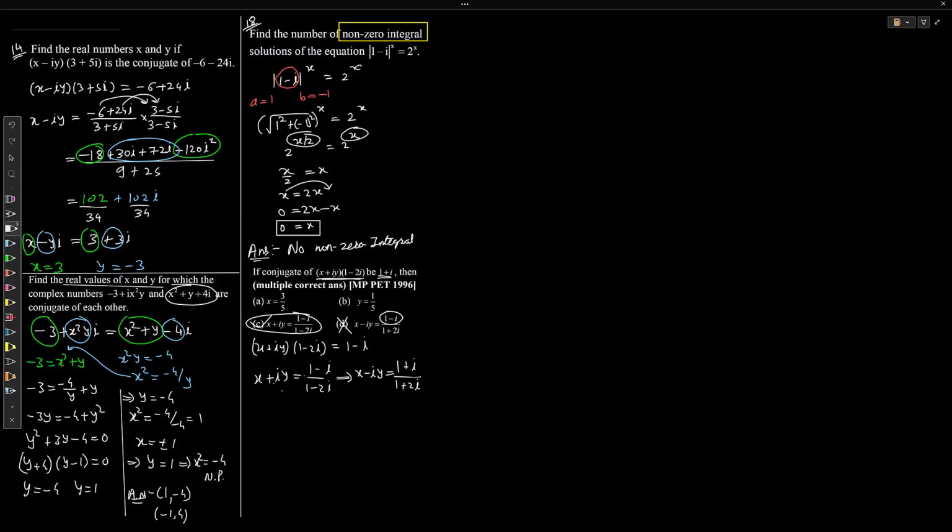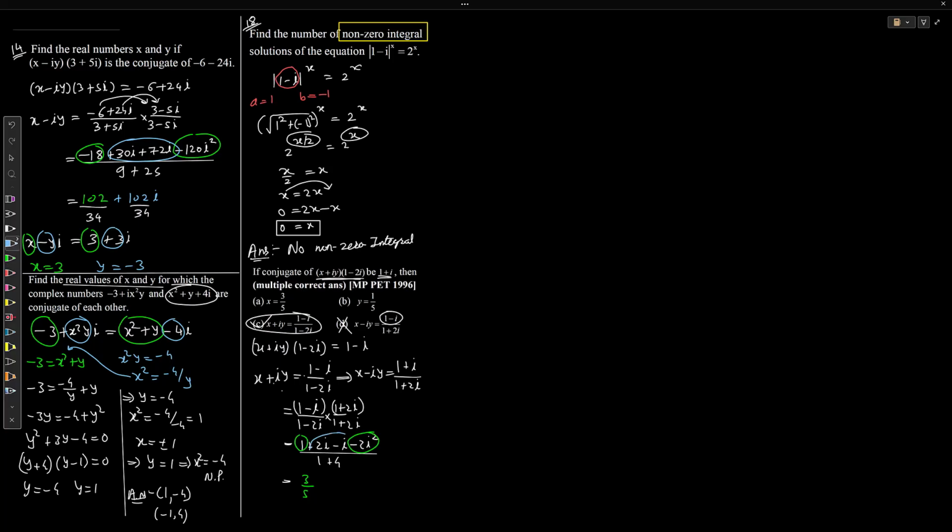What about A and B? We have to simplify the right hand side. For that, we multiply and divide by the conjugate of the denominator, which is 1 plus 2i. So multiply 1 minus i with 1 plus 2i. We'll get 1 plus 2i minus i minus 2i square, and in the denominator we'll get 1 plus 4. Collect the real part: 1 plus 2 will be 3 by 5.